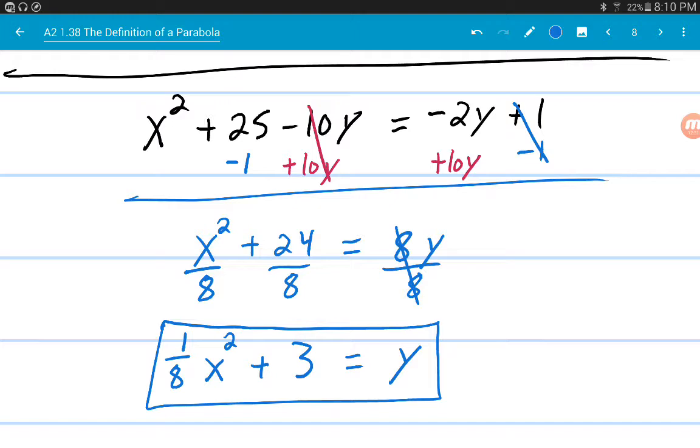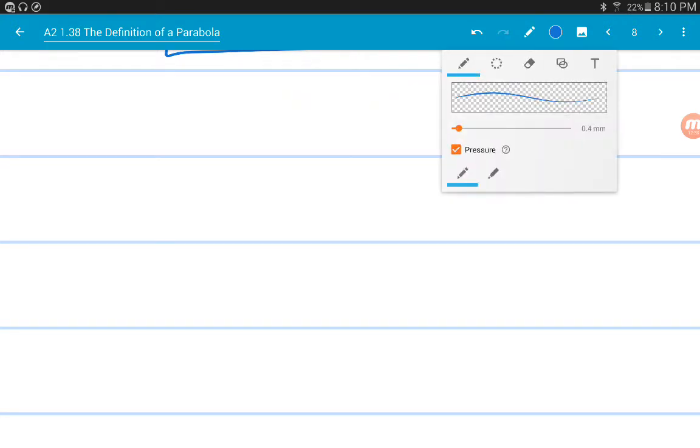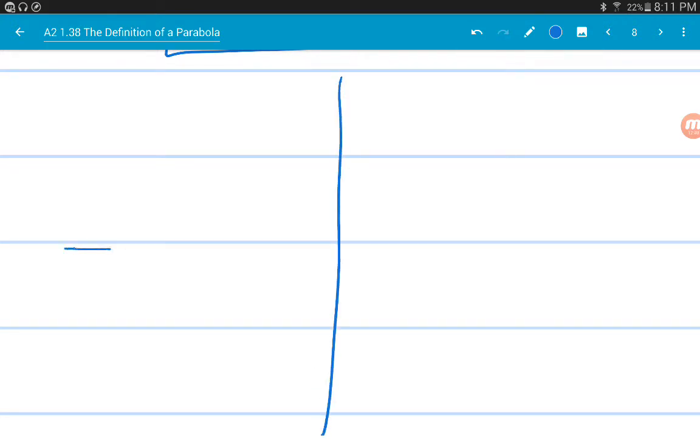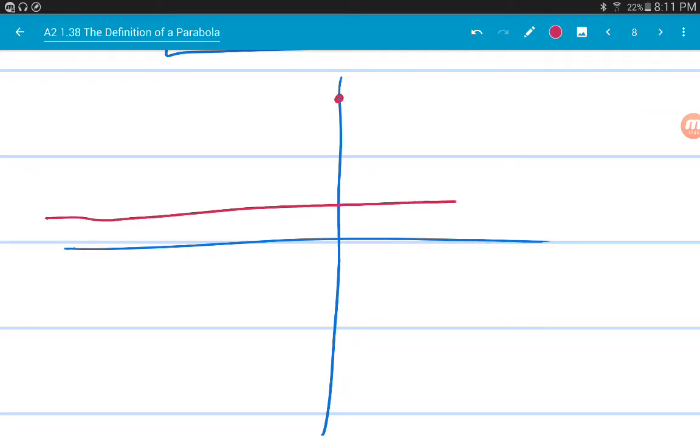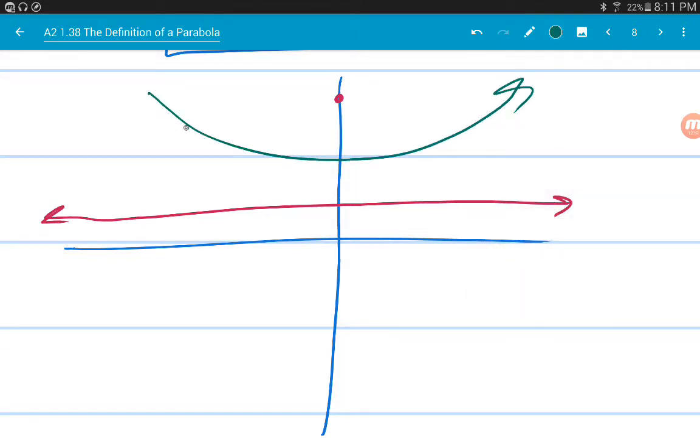Now I'll show you a way to make these a little bit easier on yourself. Think about it like this. If I had one of these scenarios where I have the axes, and then I have my focus point, and I have my directrix, and that means that I have somewhere in between, I have a parabola.